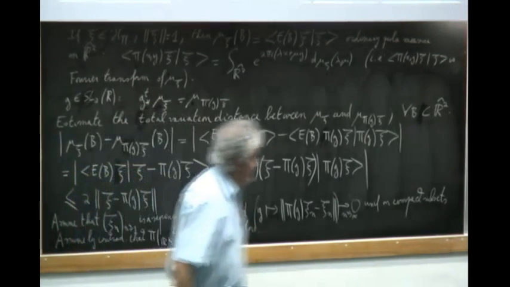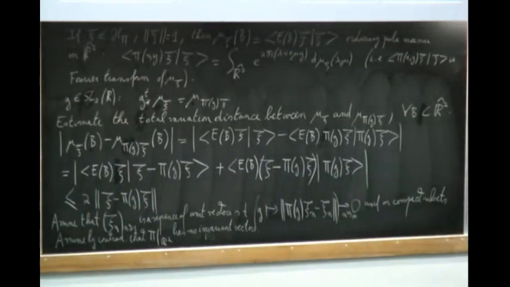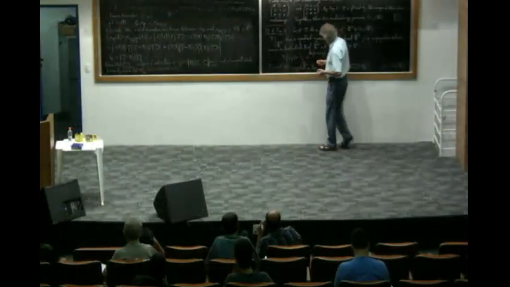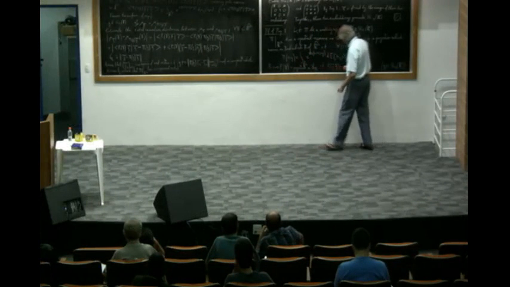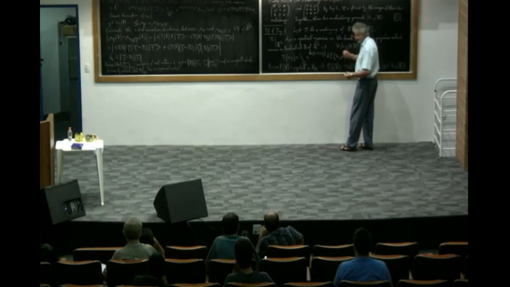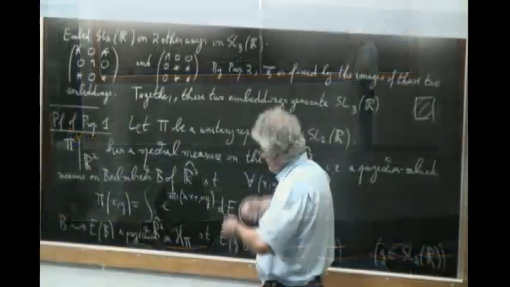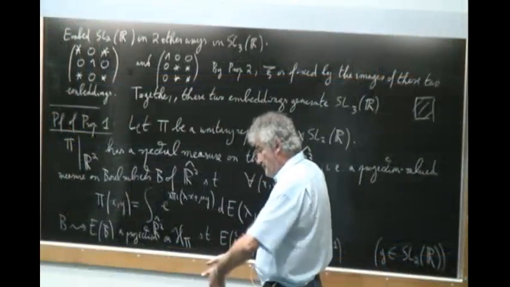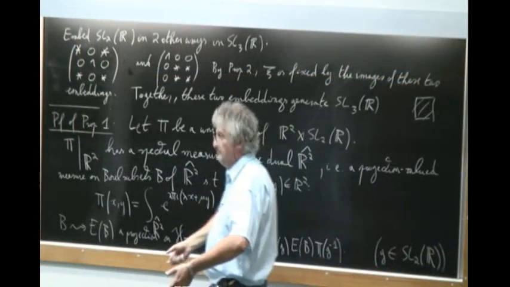How does it translate in terms of the spectral measure? Well, the projection on the R2 invariant vectors is E of 0, 0. 0, 0 corresponds to the trivial character, and having invariant vectors means that when you project to the trivial character, you get something non-zero.